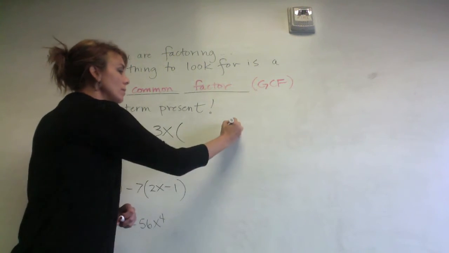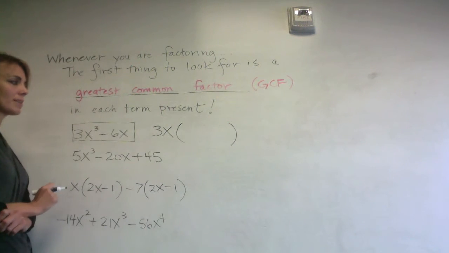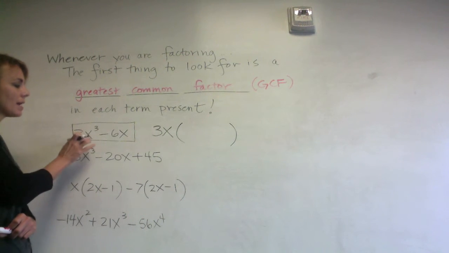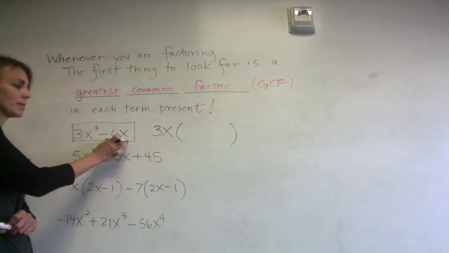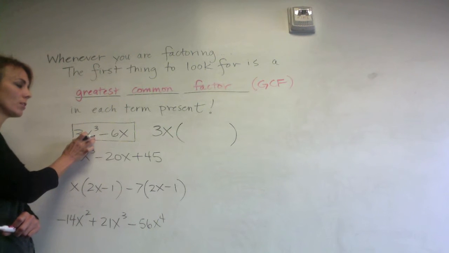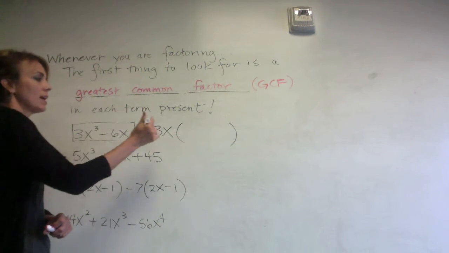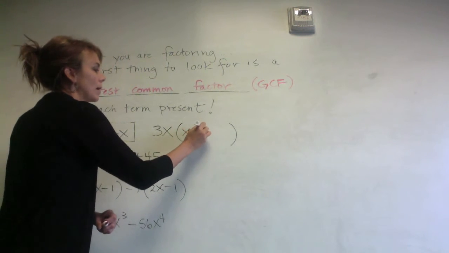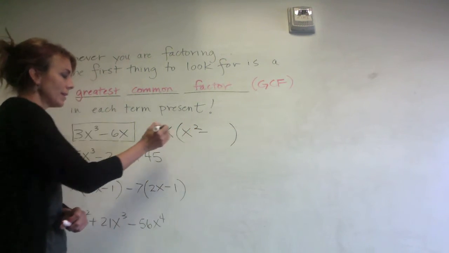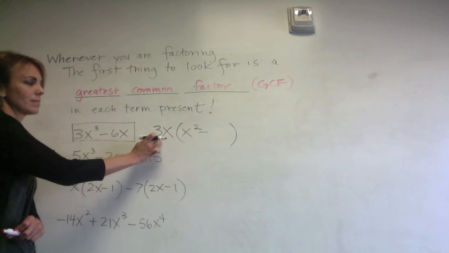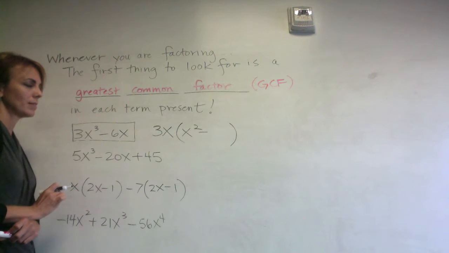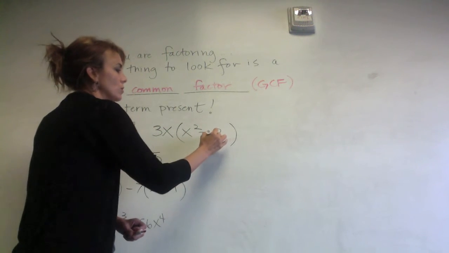What I need to do with that is open up a set of parentheses and divide it out of each of these pieces. So what is 3x cubed divided by 3x? What's left when I divide that out? I just have an x squared left. Keep that sign, and then I've got 6x divided by 3x. Well, that would just be 2.